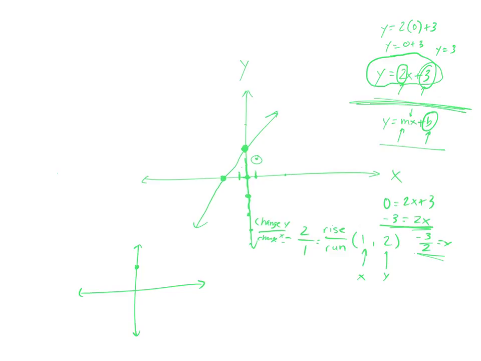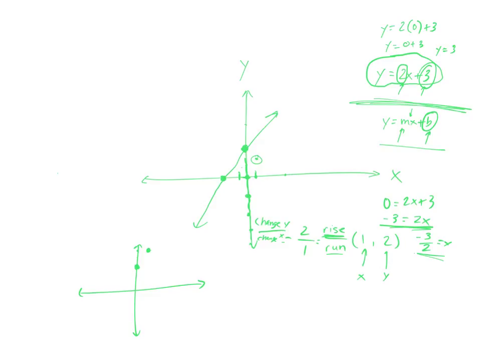So what does that mean? It means that to get to the next point on this line from right here, you have to rise by 2 and you have to run by 1, okay? So let's do this. So I'm going to rise by 2, right? So this is like my ghost point, and then I'm going to run by 1 over here.